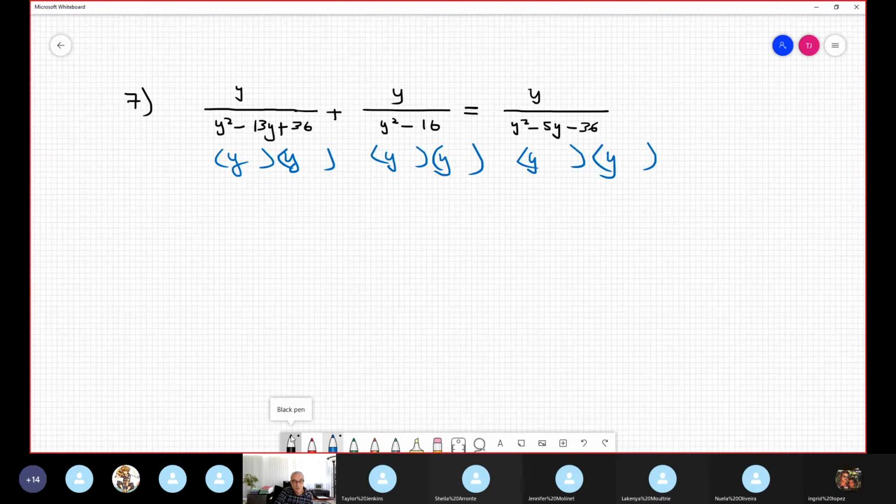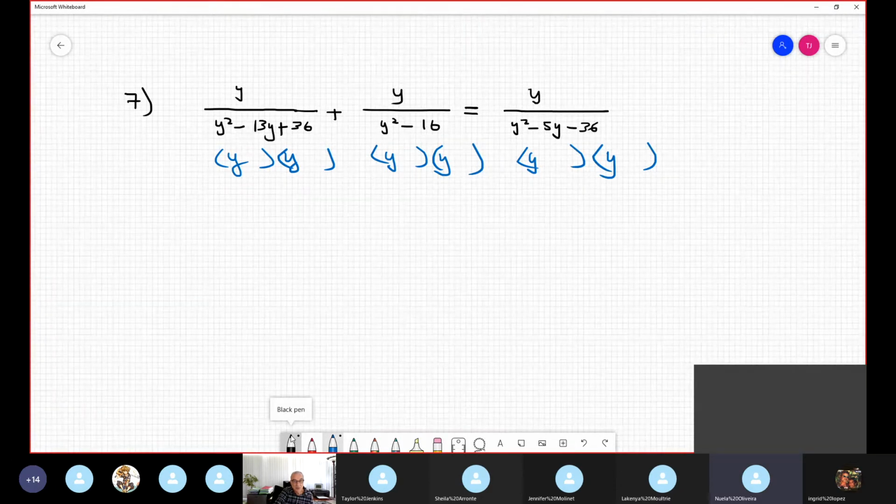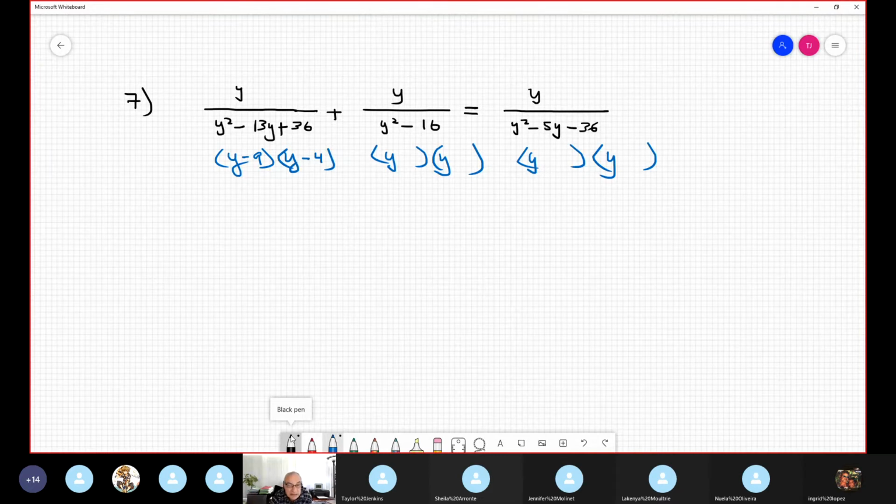No idea? I'm doing the decomposition. 9 and 4, because 9 times 4 is 36 and 9 plus 4 is 13. What sign? Negative, both. Very well.